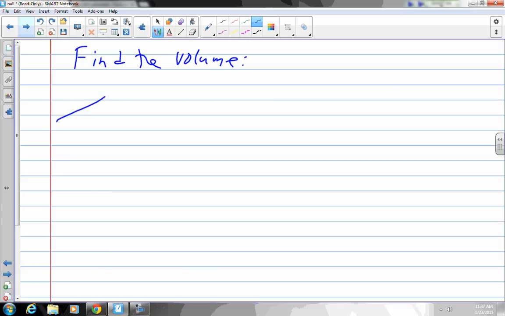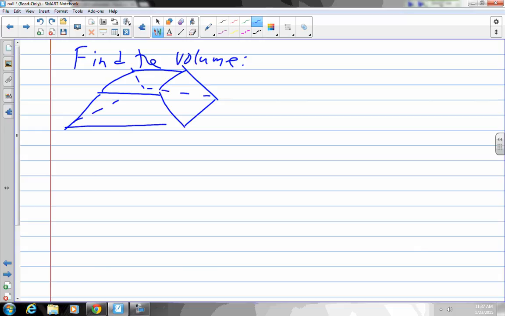If I can draw that. Can I draw that? Okay, no, it's not. So let me do it like that. So it's kind of like a pyramid with the top cut off. What is it called?